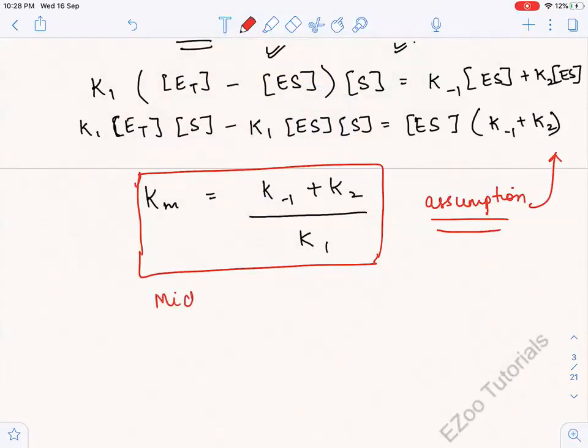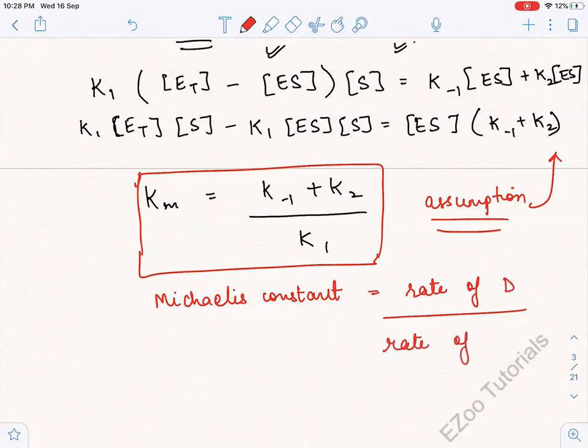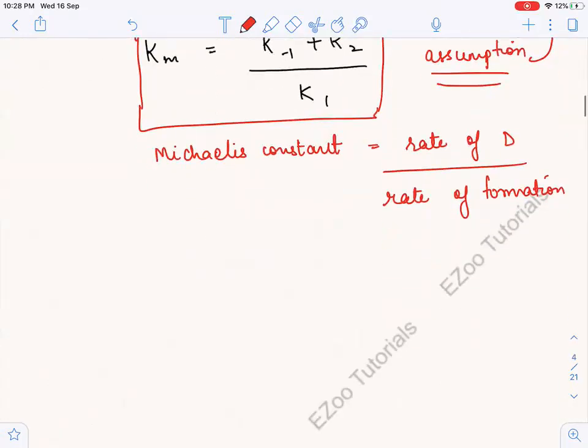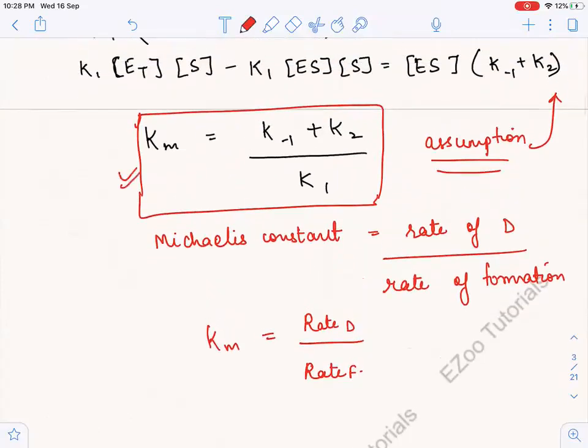This is Michaelis constant. ये तो constant है, is what? It is equal to rate of dissociation upon rate of formation, right? तो ये समझ में आ गया. Km Michaelis constant क्या होता है, rate of dissociation upon rate of formation. Easy to understand.